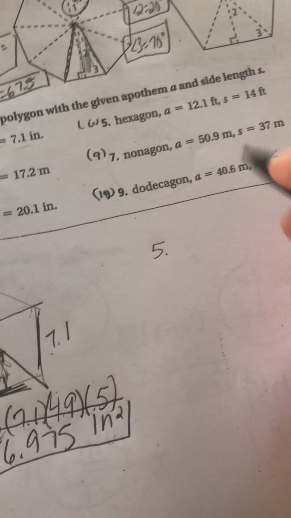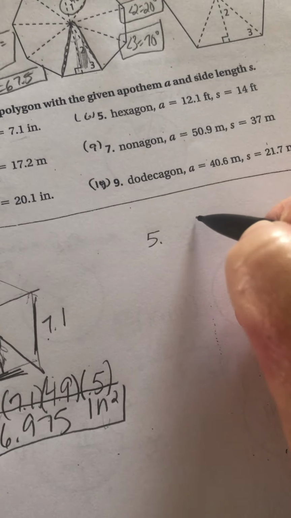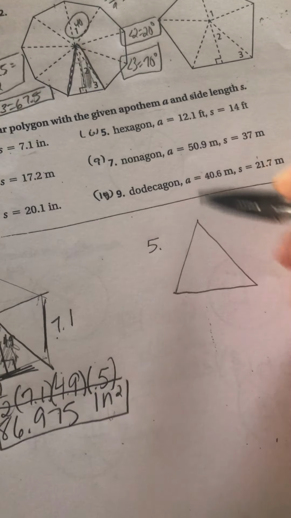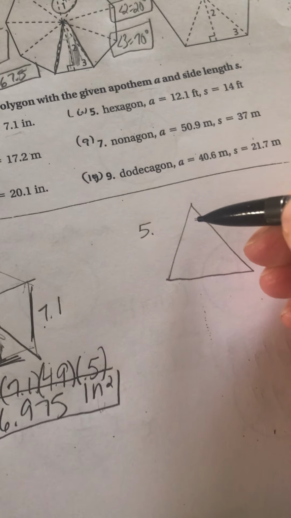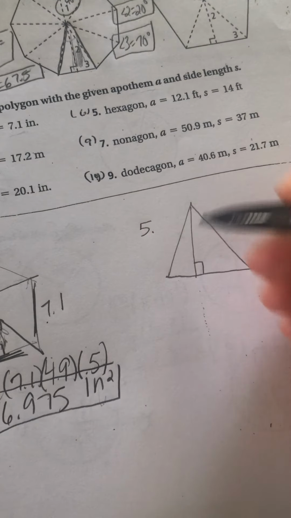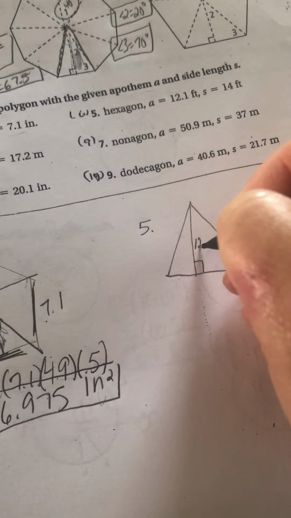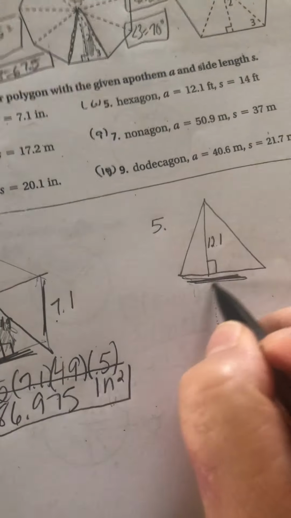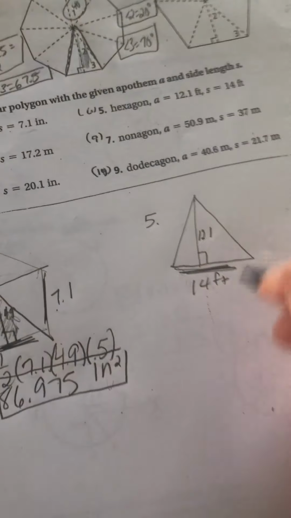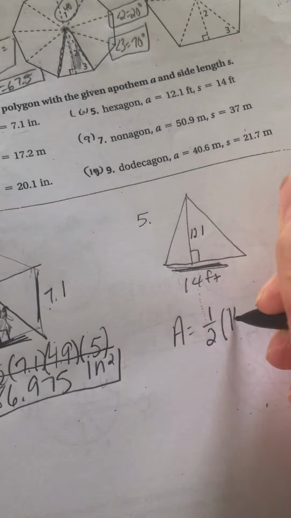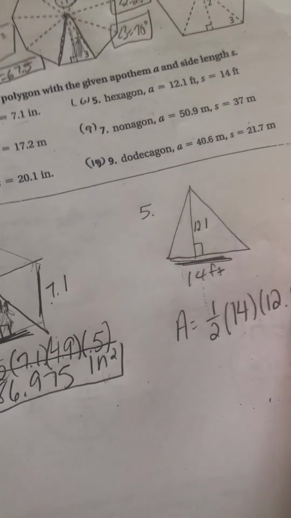Now let's take a look at number 5. We have a hexagon, and if I draw one of the triangles inside, the apothem, the height of the triangle, is 12.1 feet, and each side is 14 feet. For the area, we find the area of that one triangle, half of 14 times 12.1.